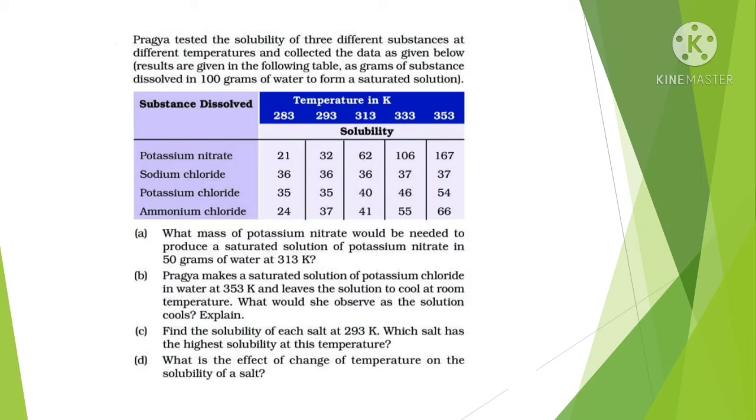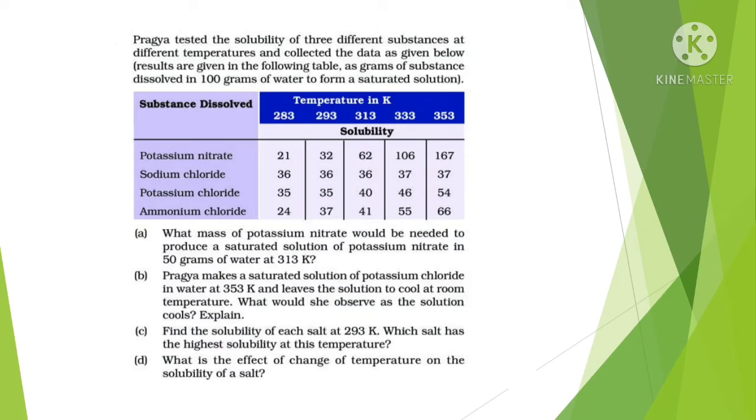So when the potassium chloride solution is allowed to cool at room temperature, its solubility will decrease. So she will observe that some crystals of the potassium nitrate will be formed, or we can say some of the potassium nitrate will get separated and it will be observed as a precipitate at the bottom.